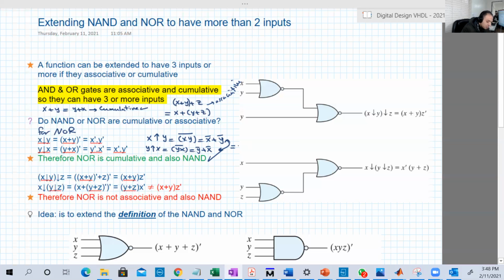But how about the associative one? Just forget about the analytical solution and look at the diagram here.